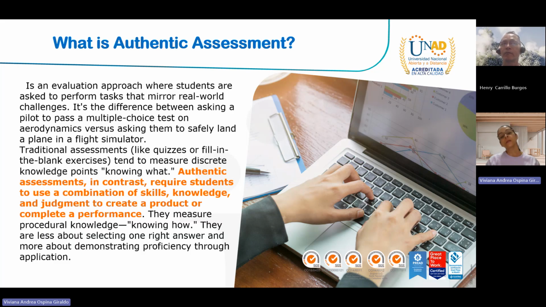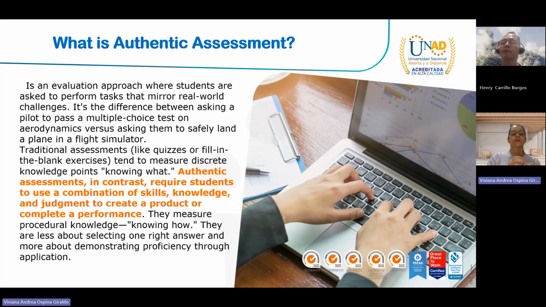The difference between authentic assessment and traditional assessment, which is usually quizzes, exams, or things like that, is that the traditional assessment measures knowing what to do, knowing a topic, but authentic assessments require students to use skills, knowledge, and judgment to create a product or complete a performance.